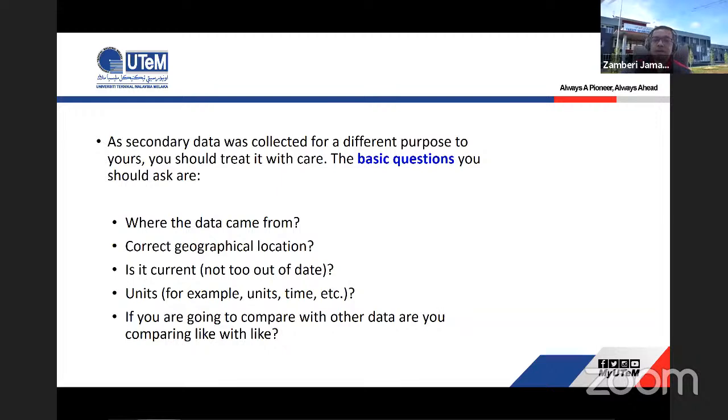Again, where the data is collected, whether it is collected from the right geographical location. Be very careful. For example, in Malaysia, when someone works with HVAC, air conditioning systems, or on heat transfer, he or she should get data from similar tropical countries.